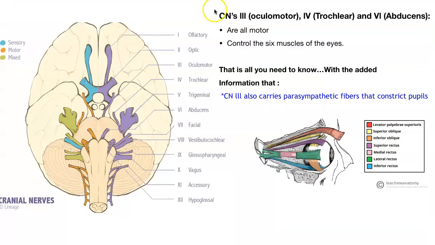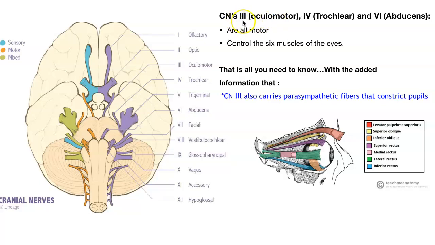We're going to group these 3 together because they're all motor. Cranial nerve 3, oculomotor. That is actually telling you I am motor, and what am I controlling? Oculo, something to do with the eye. These are all controlling your eyeball muscles. You have 6 eyeball muscles.